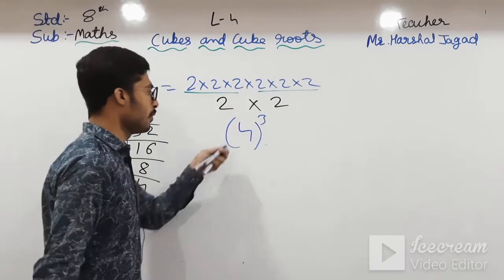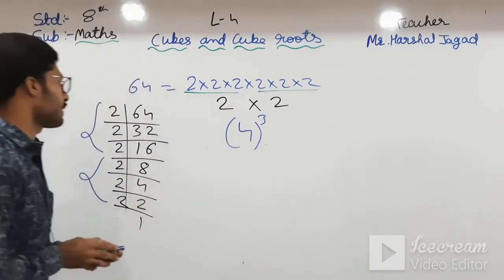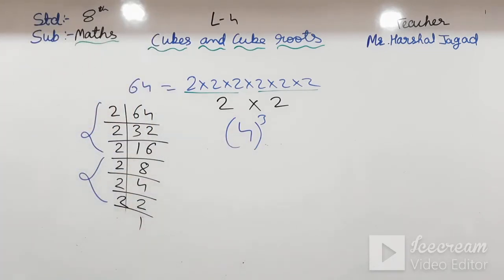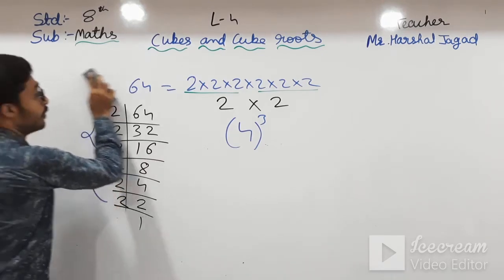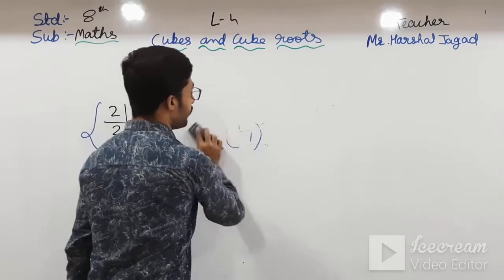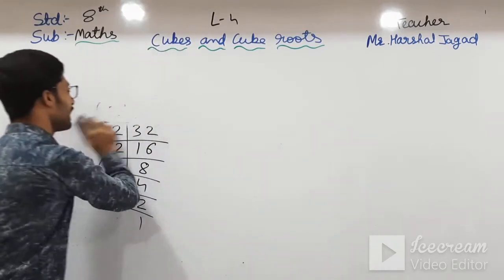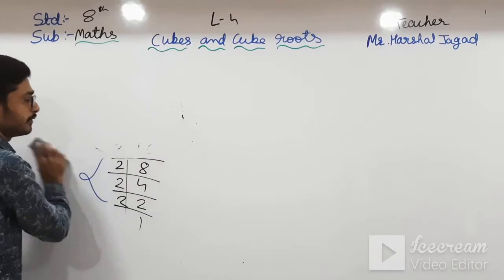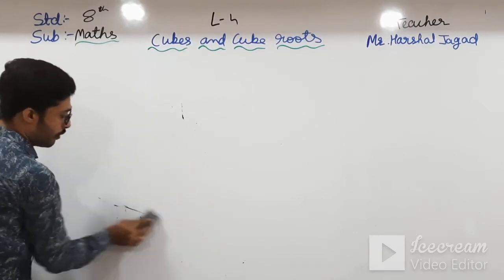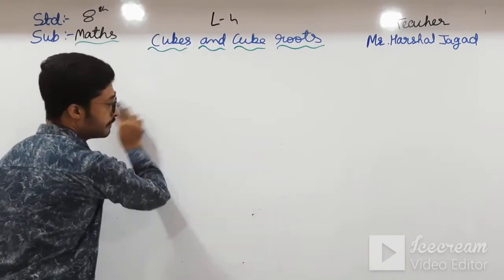If we take the cube of 4, then we get 64. This we have seen in the previous video. Now next we will see the properties of the cube root. Also we have seen in the previous video the properties of cubes. Now we will see the properties of the cube root. Let us see one by one.